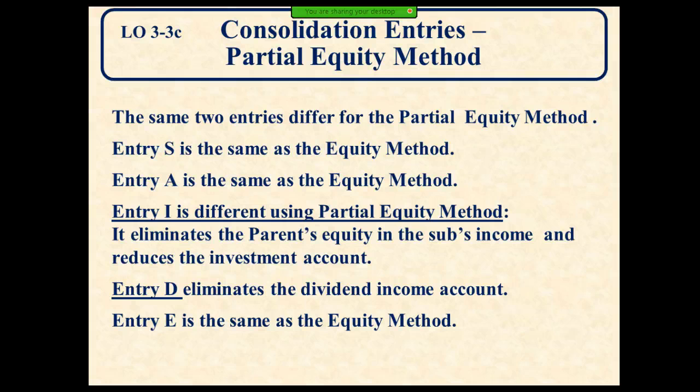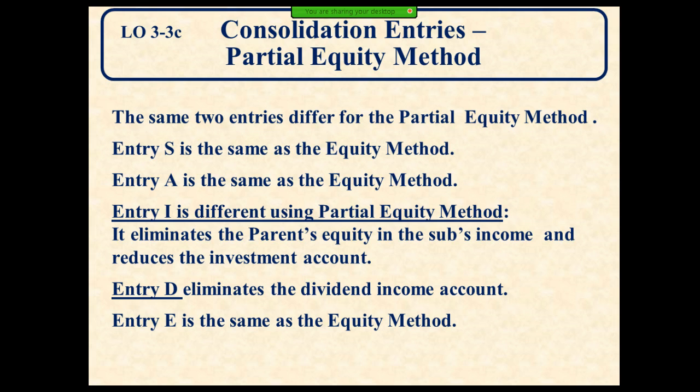Now, two entries differ as it relates to the partial equity method. The S is going to be the same. The I is going to be the same. The A is going to be the same, but the I entry, the equity income, gets eliminated.